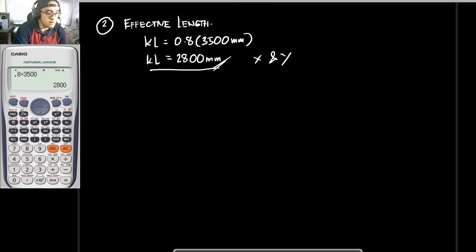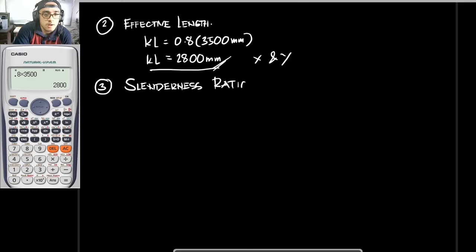Okay, so for number 3, so what would be the next step? The next step is for us to solve for the slenderness ratio. So, slenderness ratio. And what would be our slenderness ratio once again?